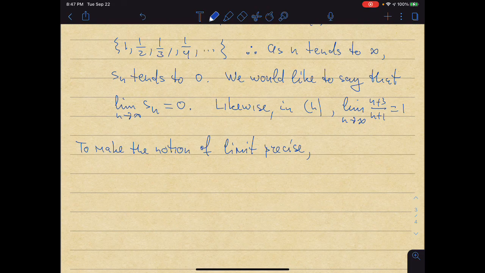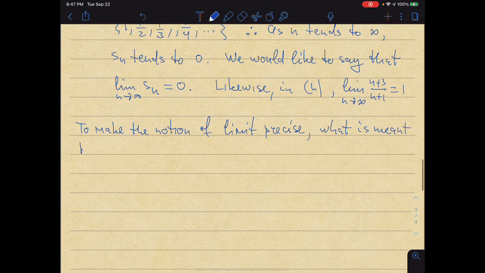And before I give a definition, let's try to express in words what exactly we mean by limit. So let's ask this question here. What is meant by the limit?